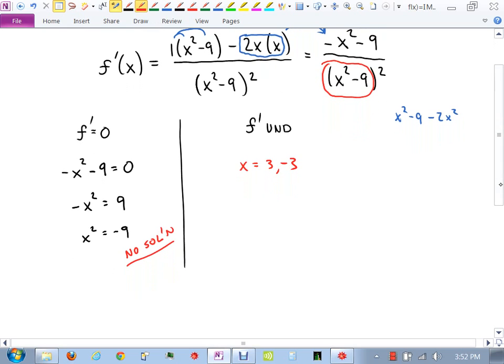So I am going to get a number line out of this, right? The only two numbers that are going to go on my number line are 3 and negative 3. And I'm going to test some points.